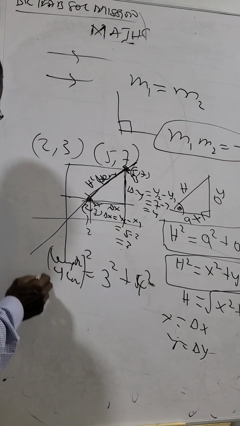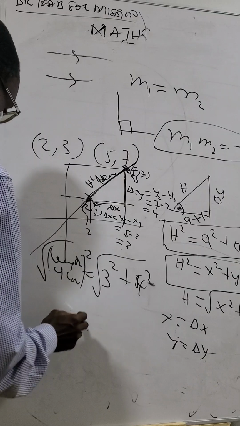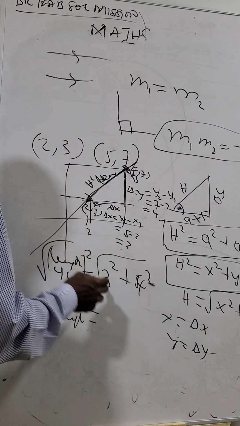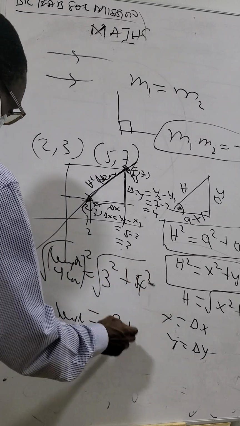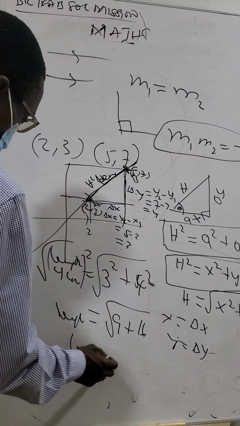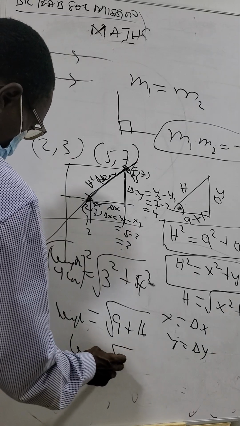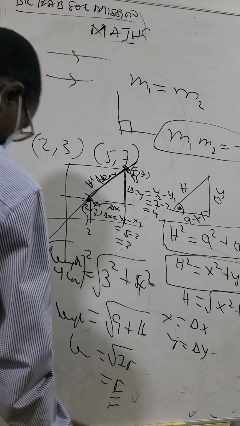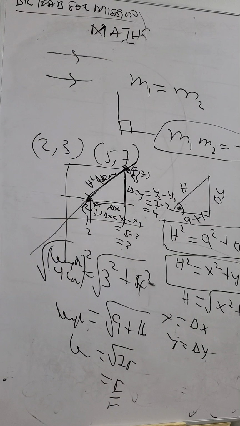Find the square root of that to get the length alone. So that's 9 plus 16, so the length is equal to the square root of 25, which is equal to 5. That is how it works out.